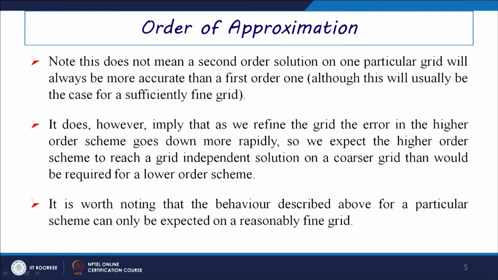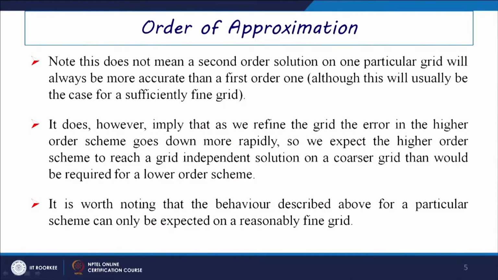Note that you should keep in mind this does not mean a second order solution on a particular grid will always be more accurate than a first order one, although this will usually be the case for a sufficiently fine grid.